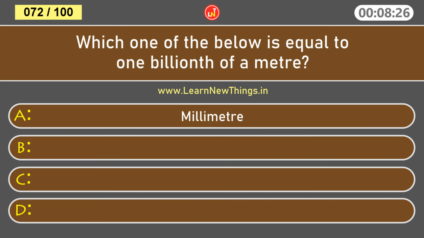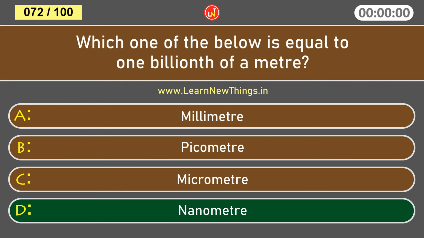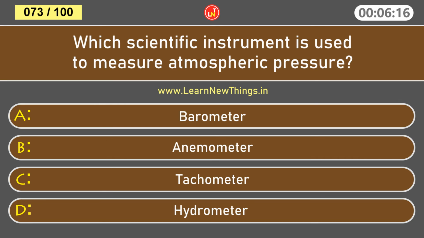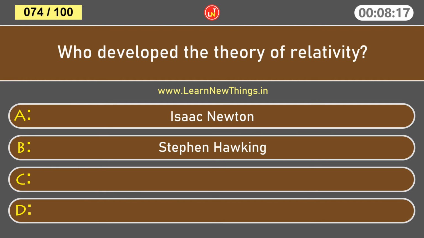Which one of the below is equal to 1/1000th of a meter? Nanometer. Which scientific instrument is used to measure atmospheric pressure? Barometer. Who developed the theory of relativity?